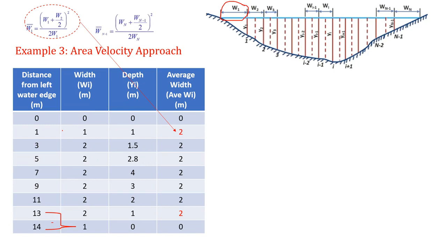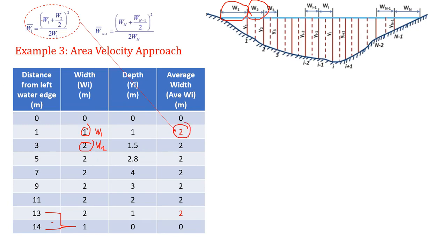Okay? So, hanapin mo yung W1. So, sa data natin, kung ano yung first value ng width, yan yung W1. In this case, that would be 1. Followed by W2. So, yung W2 natin would be this one. So, the value is 2.